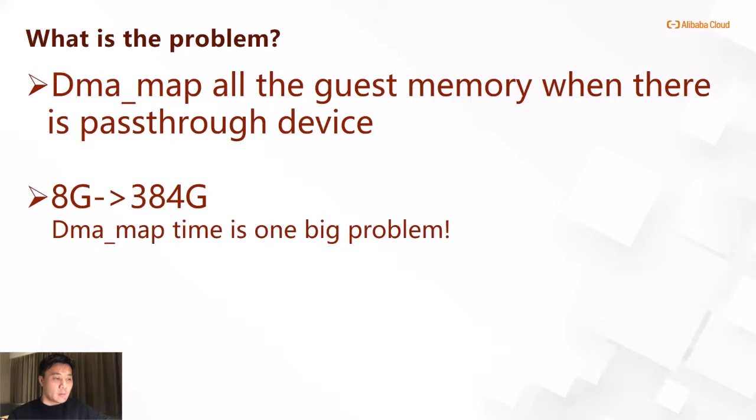It might not be a problem when the guest memory is very small, but as you know, memory is not a scarce resource today. So a guest might have a few hundred or more gigabytes of system memory, and DMA map is a time-consuming process. Then that will be a big problem.